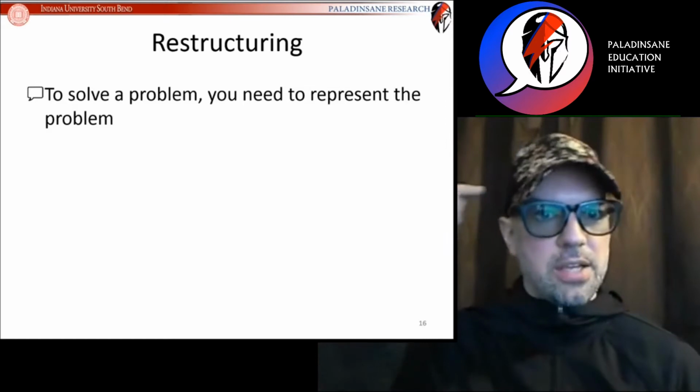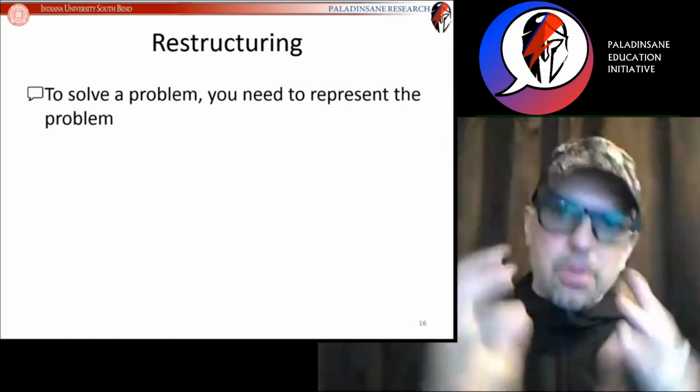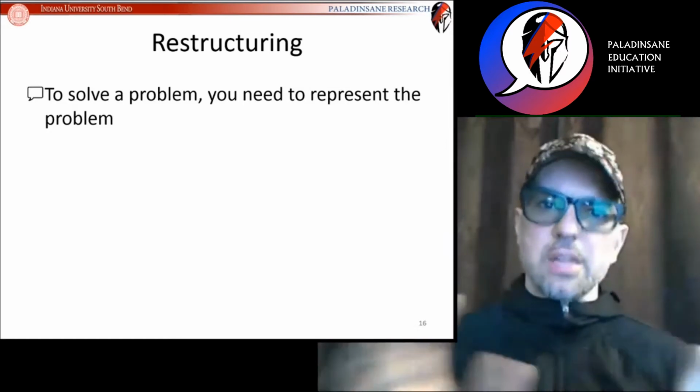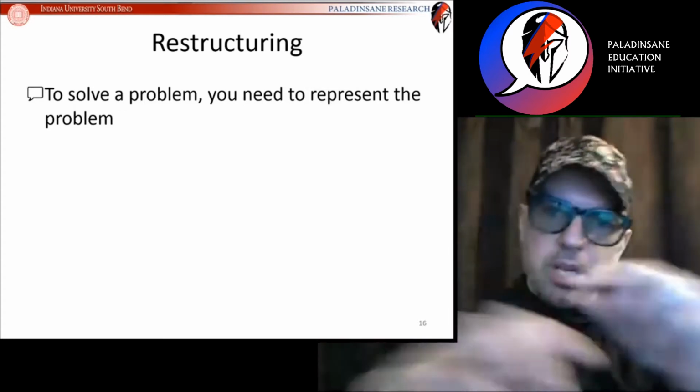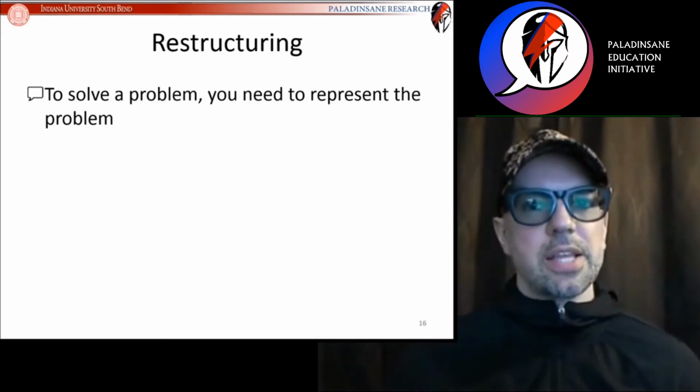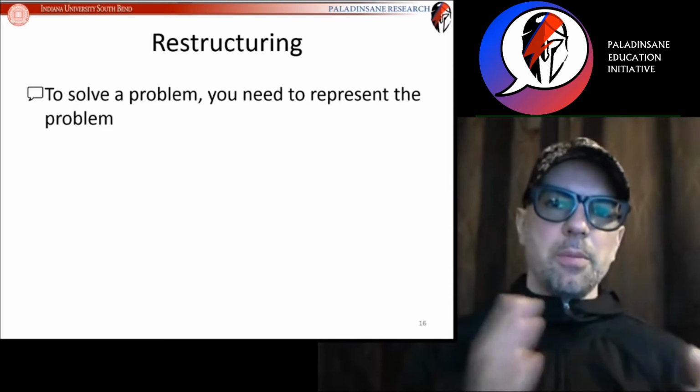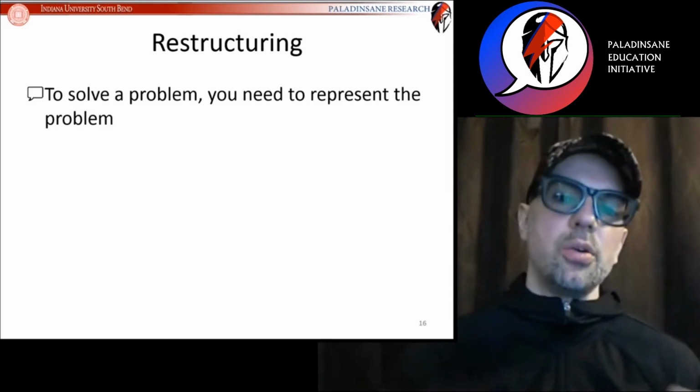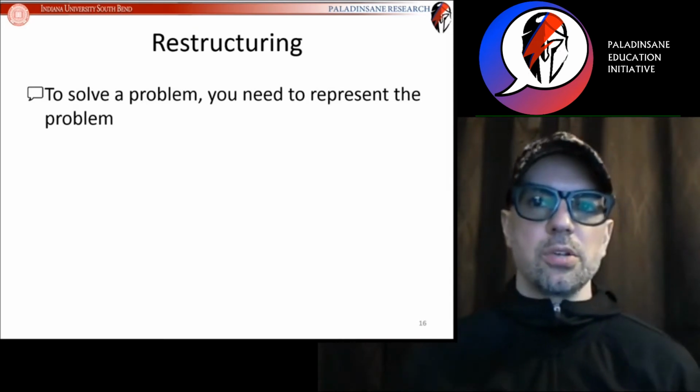Somehow in your mind, you need to have symbols and representations that stand in for pieces of the problem, and then you manipulate those representations, and this is that information processing approach.